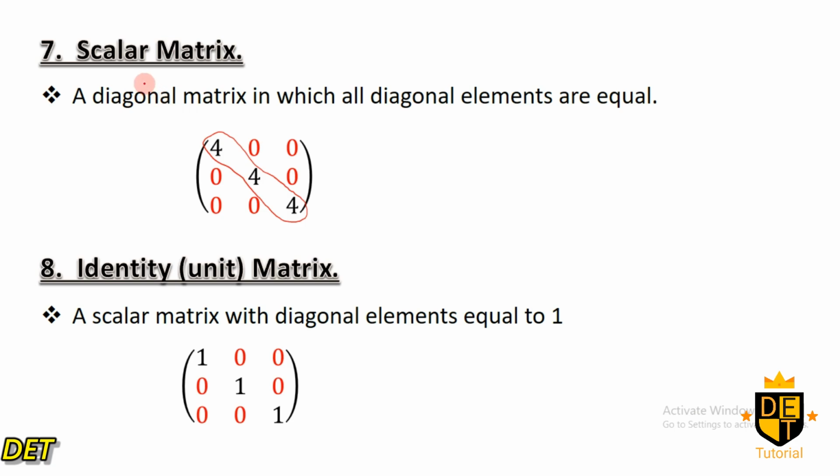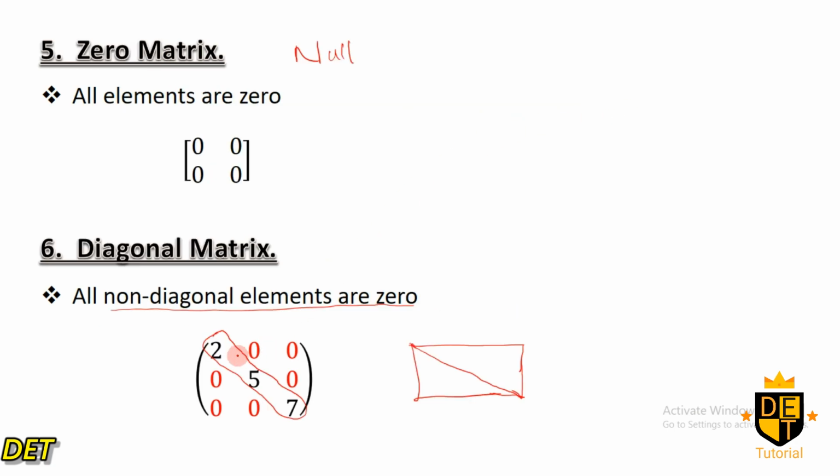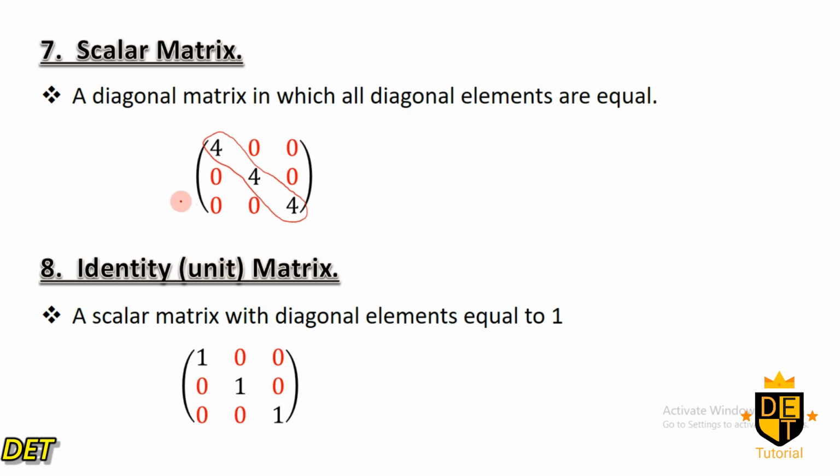So a scalar matrix is a diagonal matrix in which all diagonal elements are what? Are equal. So assuming we have these elements here to be 2, 2, 2, this would have been a scalar matrix. So a scalar matrix is an example of what? A diagonal matrix in which all diagonal elements are equal.